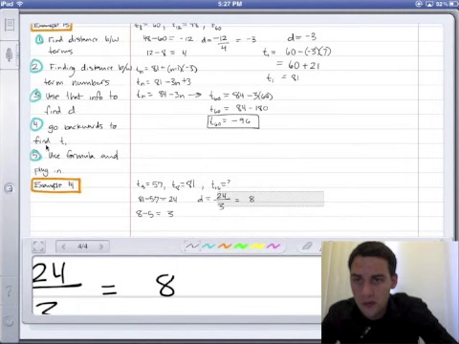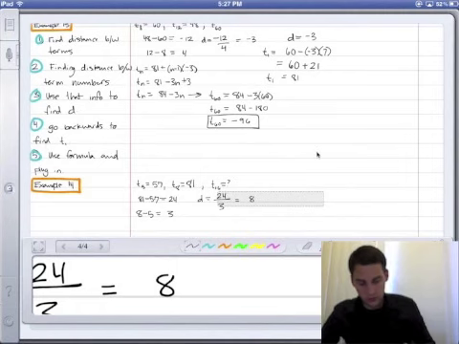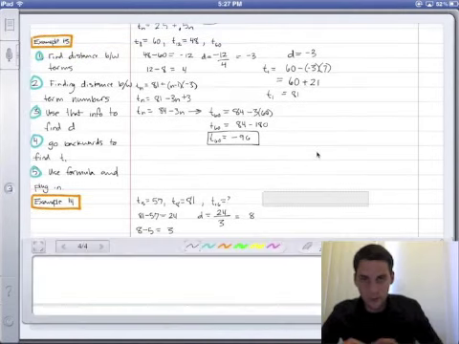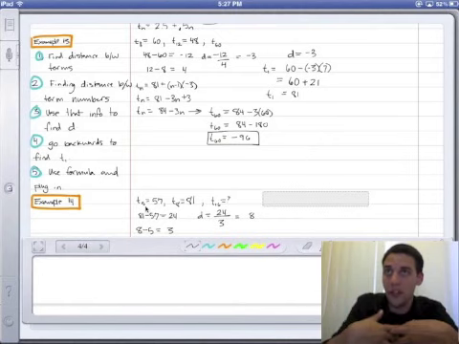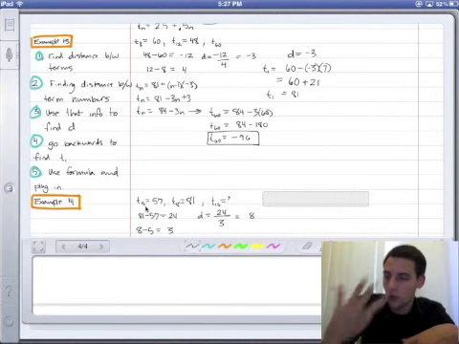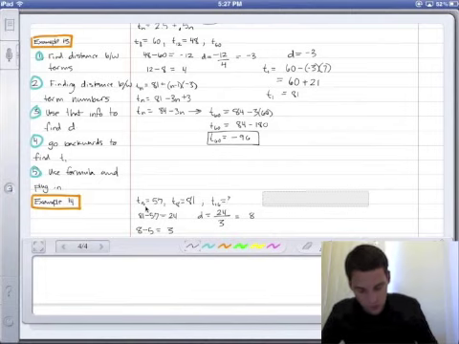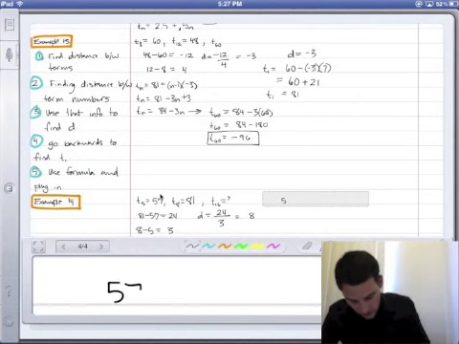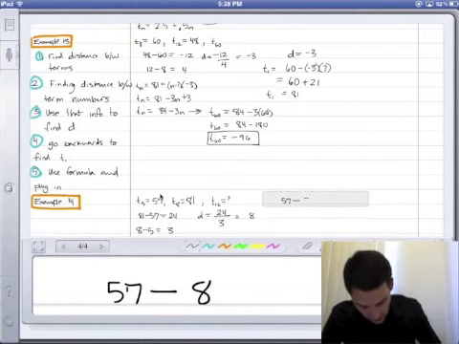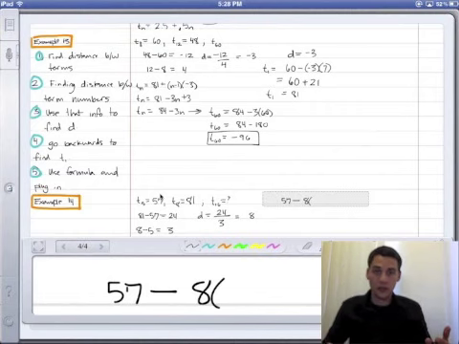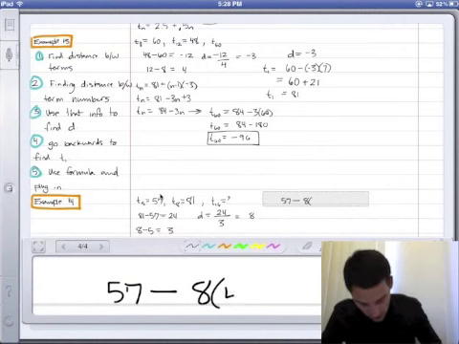Use that info to go backwards to find t sub 1. So how many do I need to go backwards? I'm going to start with 5. 5, 4, 3, 2, 1. I need to go back 4. So I'm going to start out with the fifth term, 57, and I'm going to subtract d, which is 8, but I'm going to do that 4 times.